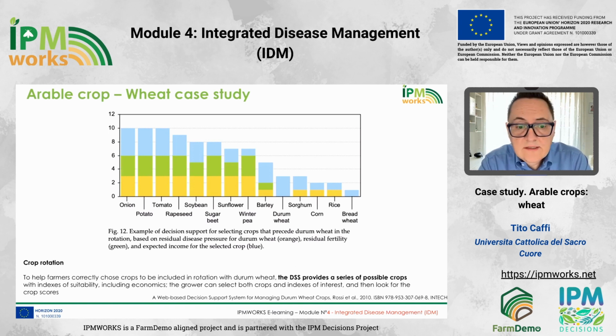So the DSS can help us. We give information to the DSS about what we were growing previously, and the DSS gives back feedback about the different levels of risk.